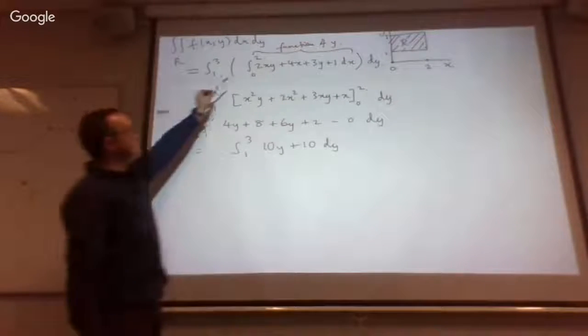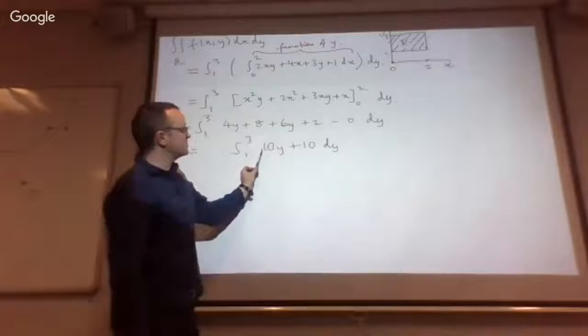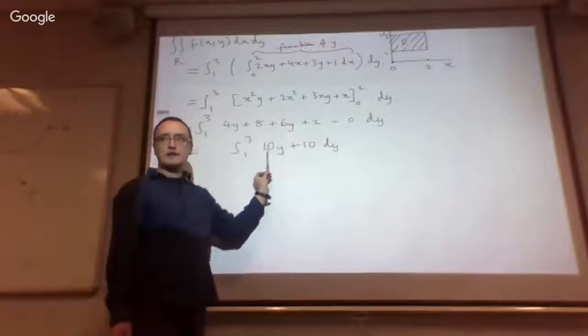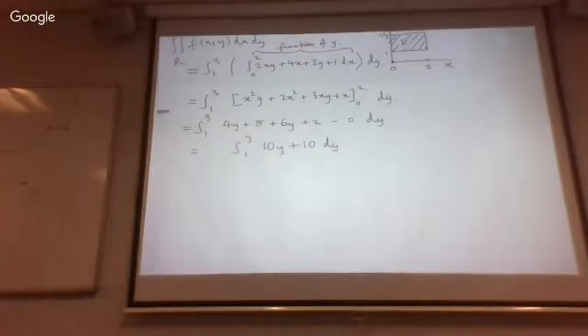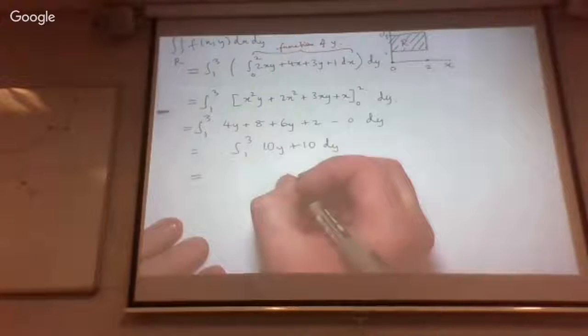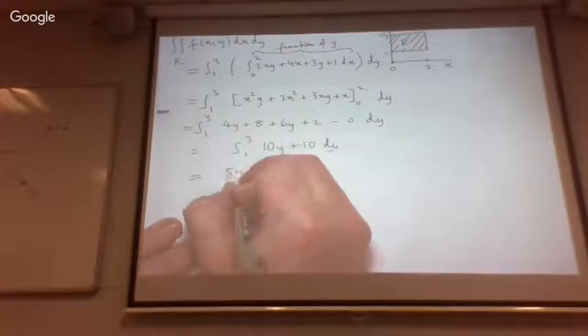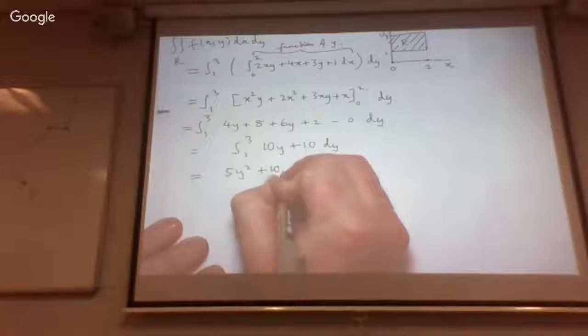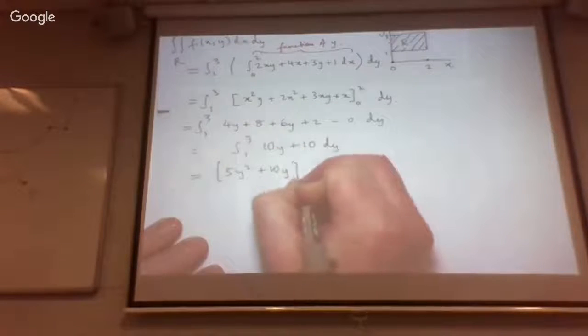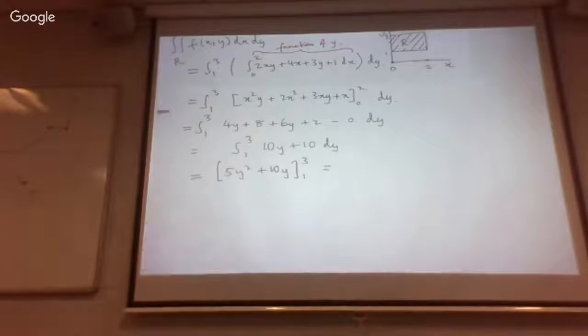The inner integral does indeed come out as a function of y, 10y plus 10. So that has integral 5y squared plus 10y, evaluated at 1 and 3, which seems to give 60. All right.